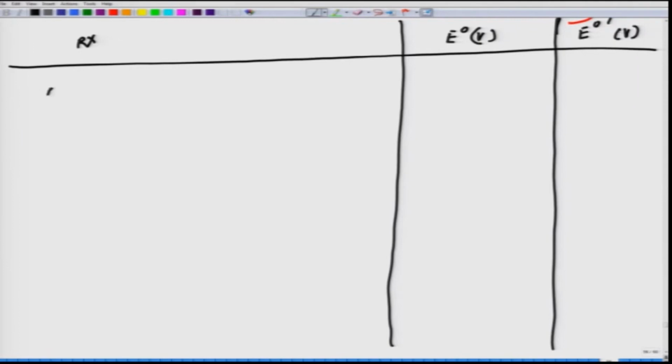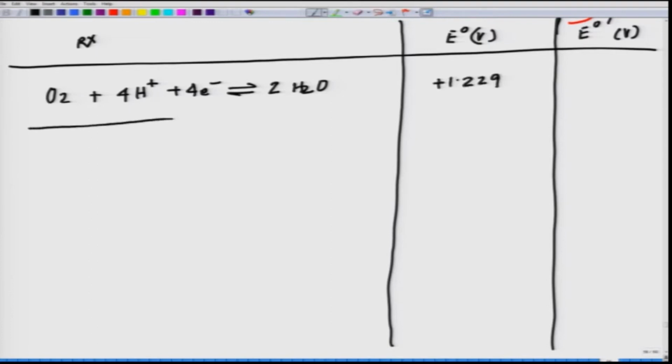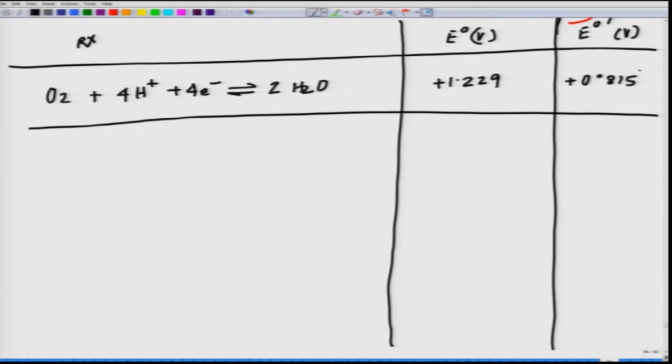Now, let us take the first reaction, oxygen plus 4H plus plus 4 electrons, making 2H2O, the famous situation. If you get the E0 value of this, it is plus 1.229, whereas E0 prime in the biological module is plus 0.815. So, this is where the water splitting happens. Okay. So, this is basically you are splitting the water.